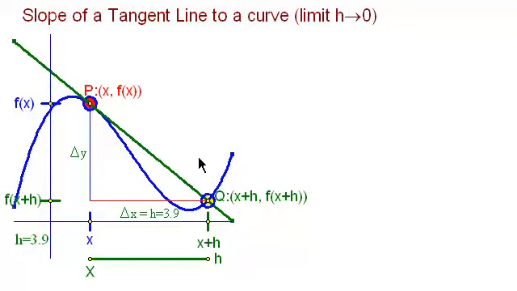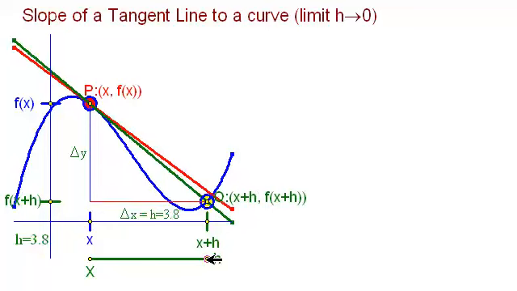So now we are going to move this. You see that the h value is 3.9 here. So what happens if the tangent line is the red line?